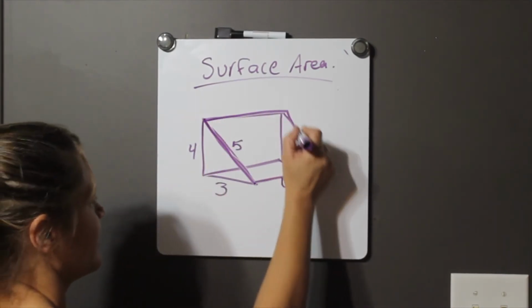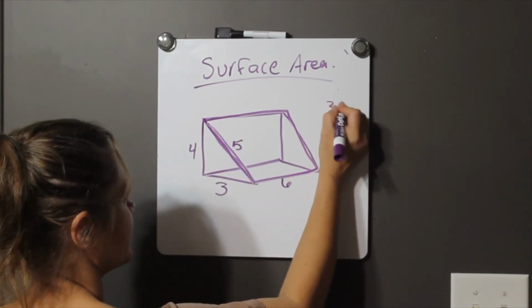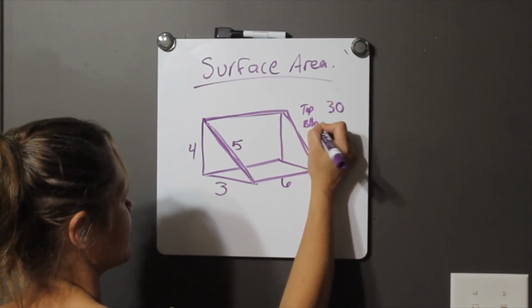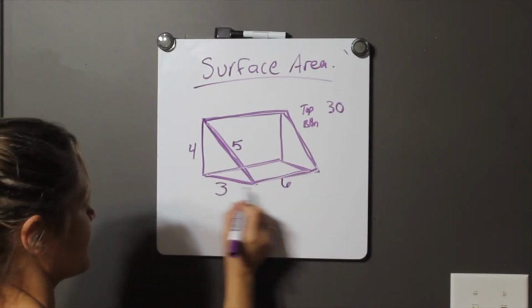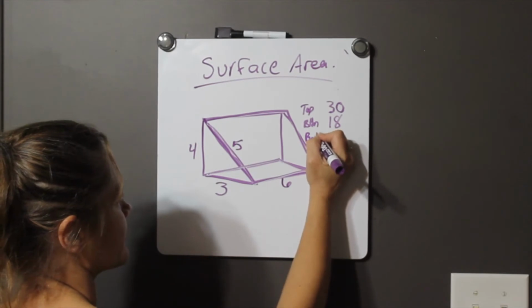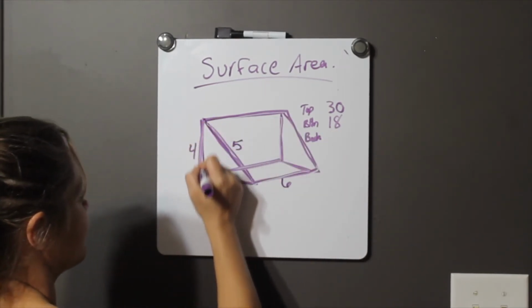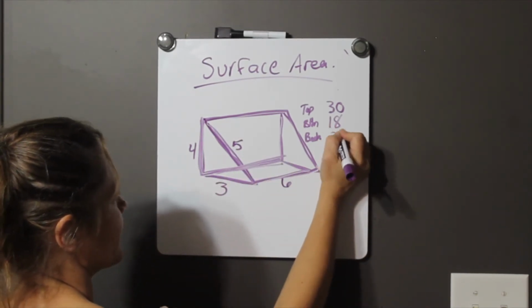Alright, so how many sides does this have? Well, it has a top right there, which is 6 times 5, so that's 30. That's the top. It has a bottom right here. That is 3 times 6, 18. It has a back right here. And that is 4 times 6, 6 times 4 is 24.